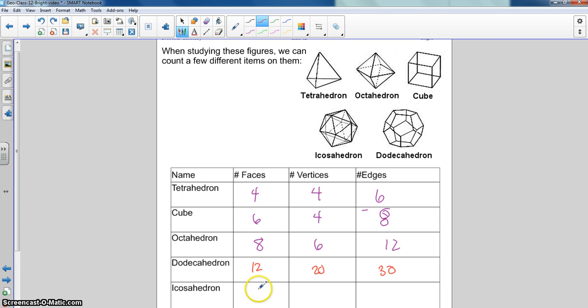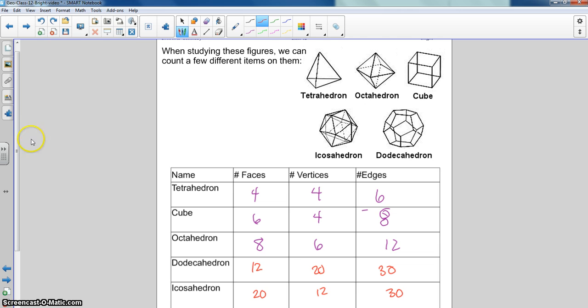And icosahedron, there's 20 faces. Icosa refers to 20, 12 vertices, and then there are 30 edges.